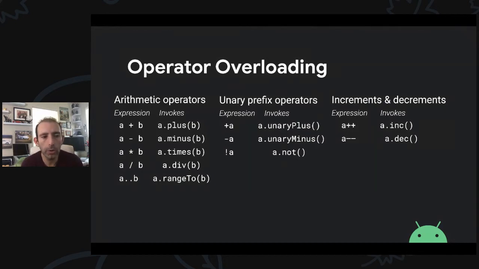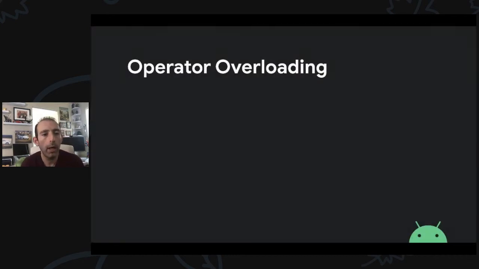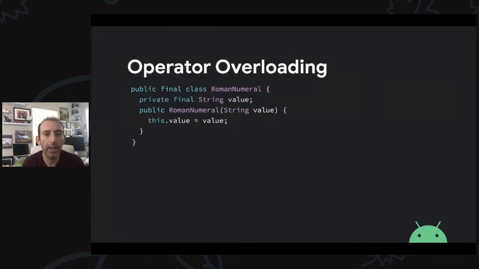If you use the plus sign, what Kotlin does is look for a plus method and invoke that method instead. So if you have overridden and implemented a plus, minus, or times method, and the operator is used on two objects, Kotlin knows which function to call. Let's see this with an example.